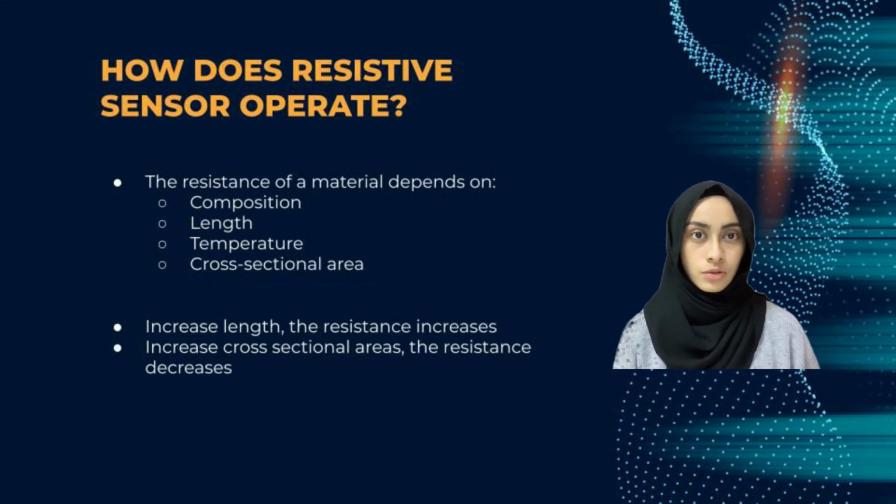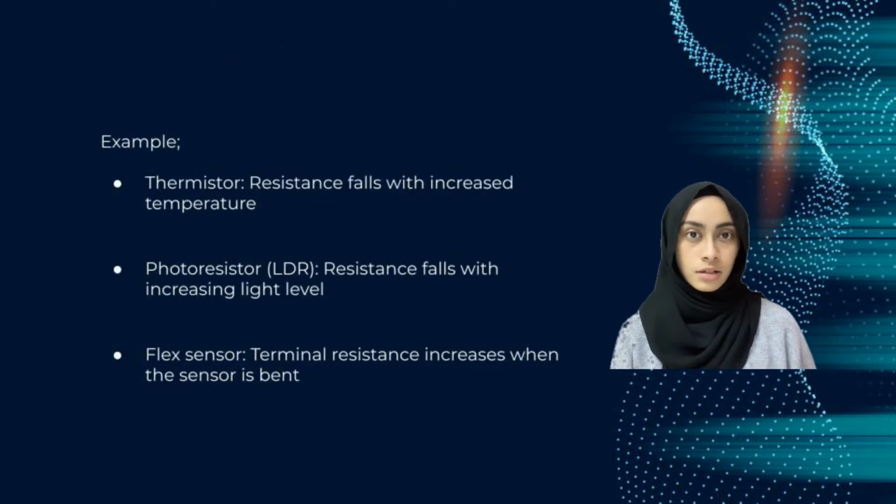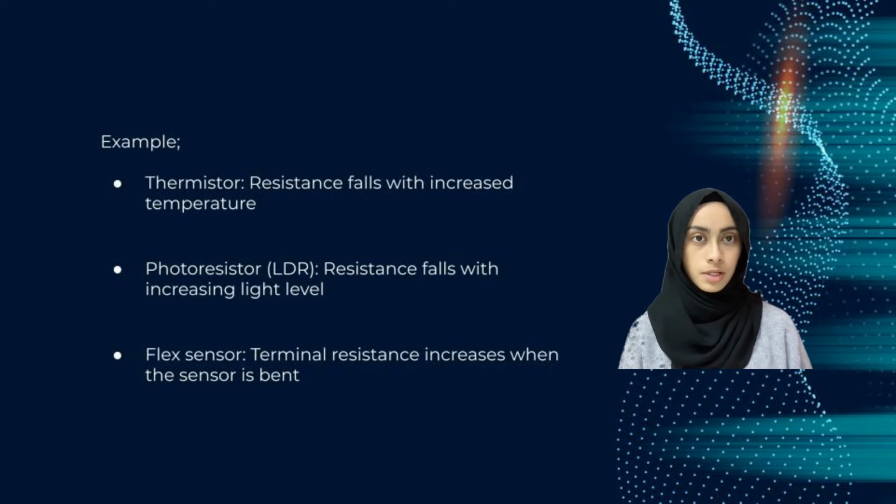Alright, so for the next slide, let us look at the examples. These are the types of resistive sensors explained by Hafiz earlier, which are the thermistor, the photosensor, which is the LDR, and the flex sensor. For the thermistor, the resistance falls with increased temperature.